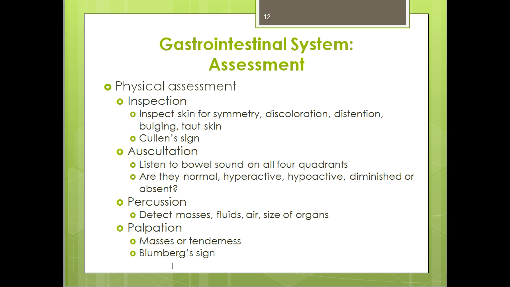Anyway, as far as the psychosocial, so when doing the physical assessment, you're going to inspect, you're going to auscultate, you're going to percuss, and you're going to palpate. And I told you what all these consist of, and I want you to remember the things that I told you when you're performing each one of these, like inspection and the Cullen sign.